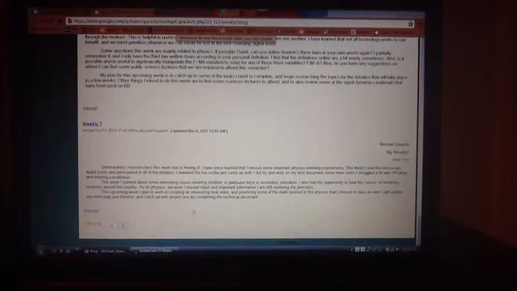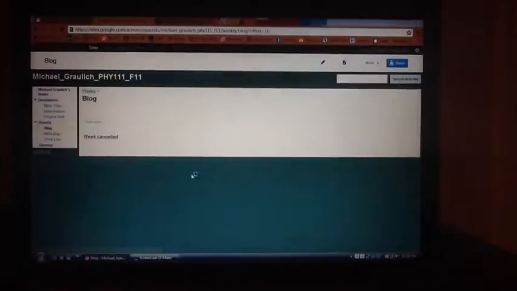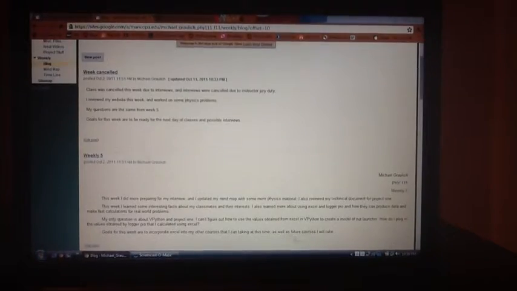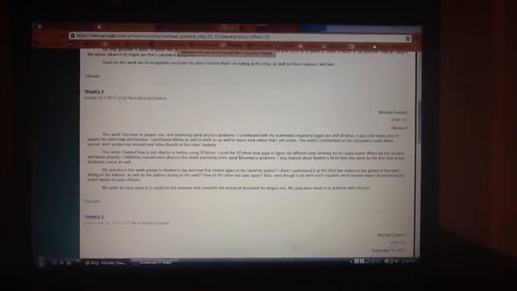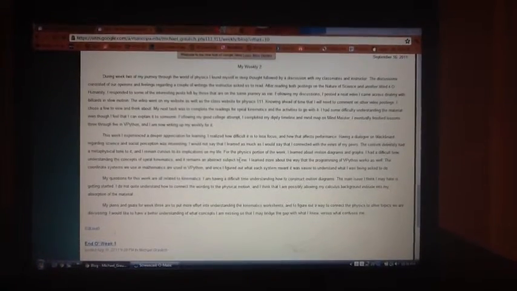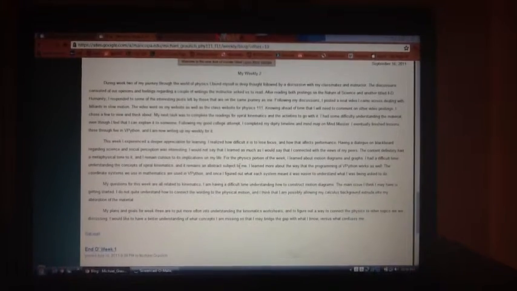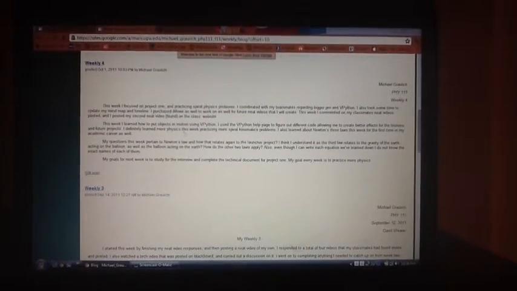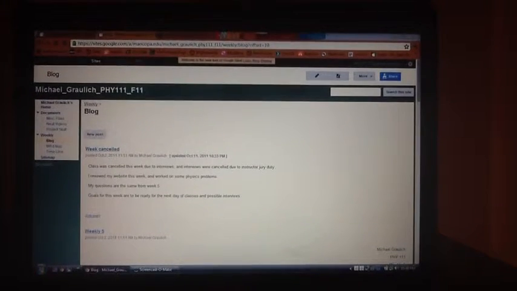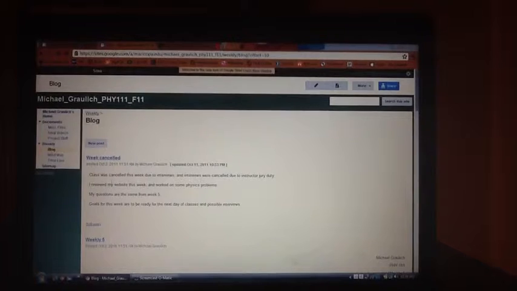If I were to go to the first one, you would see that I even had the week that was canceled, and all the way to the 1st. So these are my weeklies where I have diligently tried to be very specific and detailed about the things that I've done. Some weeks had more stuff than others. And so that's the weekly section.